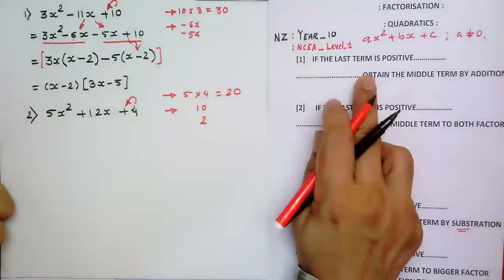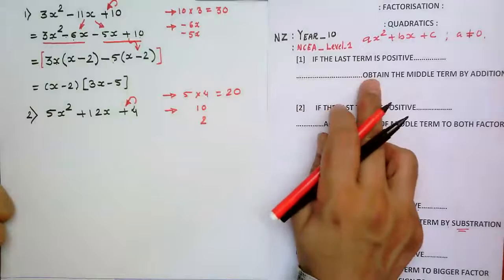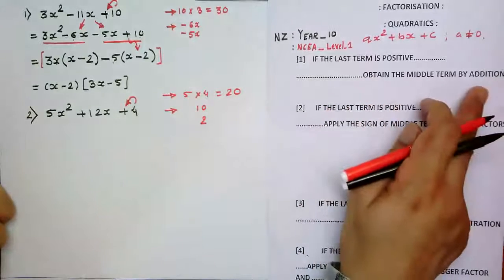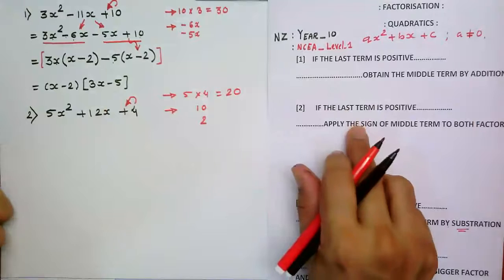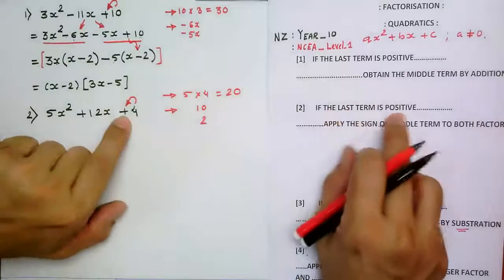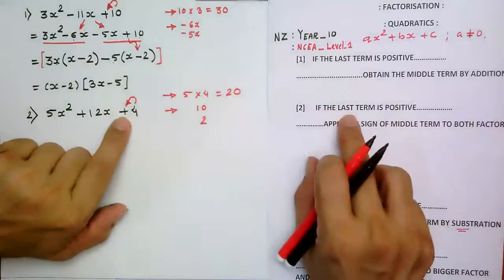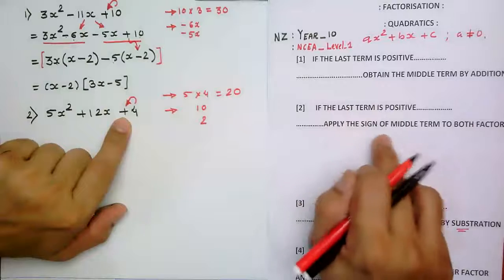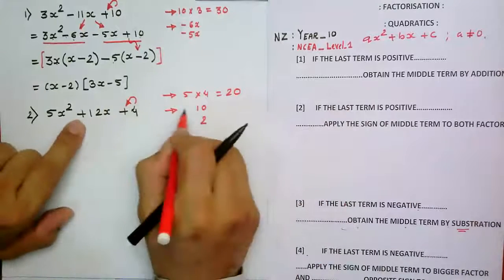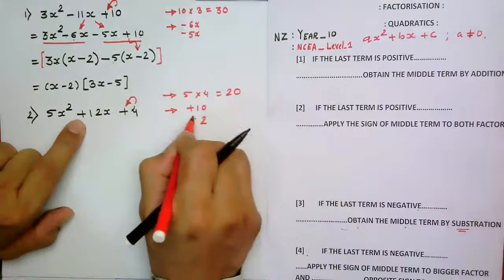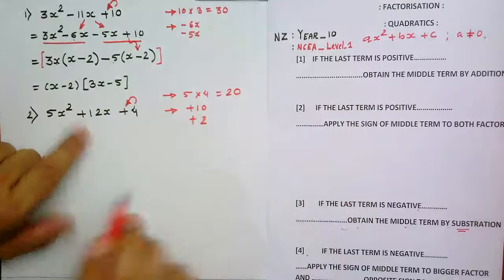So I have followed this rule number 1. Obtain the middle term by addition. 10 plus 2 is 12. Now the second rule. If the last term is positive, apply the sign of middle term to both factors. Here the middle term is positive, so I have to apply the positive sign to both factors.